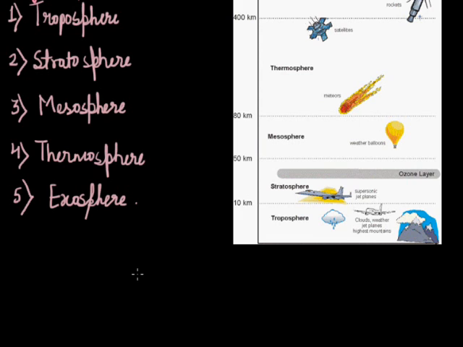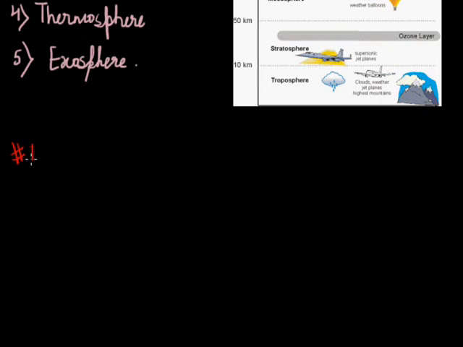Let's start with the first layer, troposphere. This layer is closest to the Earth's surface. The term troposphere comes from Greek background.